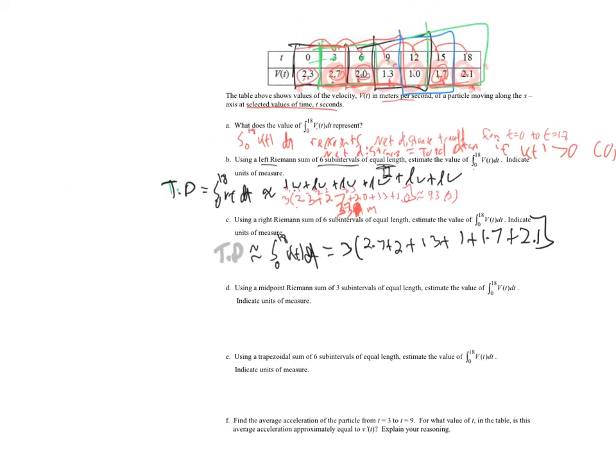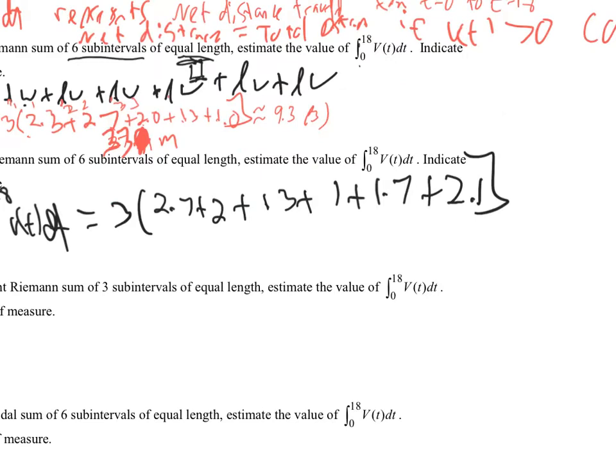So go ahead, add it up. 3 times 10.8, which is 32.4 meters.